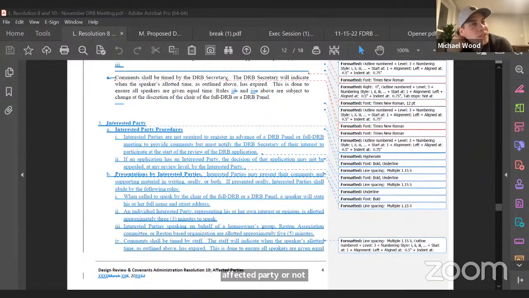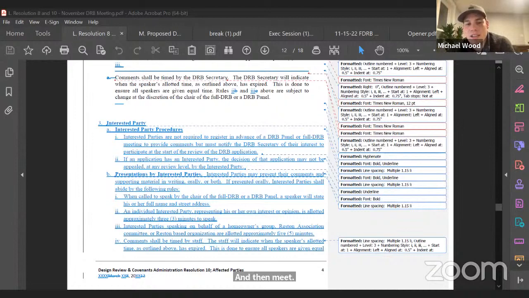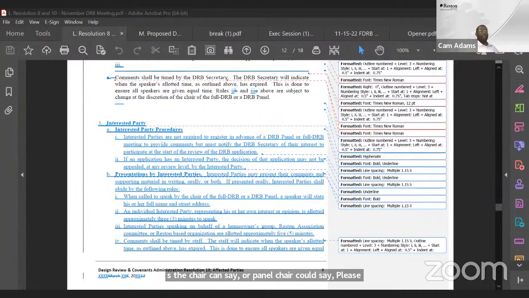Cam, do you know if the old sign-in sheets were registering as an affected party? No, from my understanding, it was for member comments. Historically, if they had not registered as an affected party in advance of the application being reviewed, they could sign into the meeting and speak during member comments. And then the chair, or a panel chair, could say, please hold your comments till the actual application. That's correct. Okay, all right.